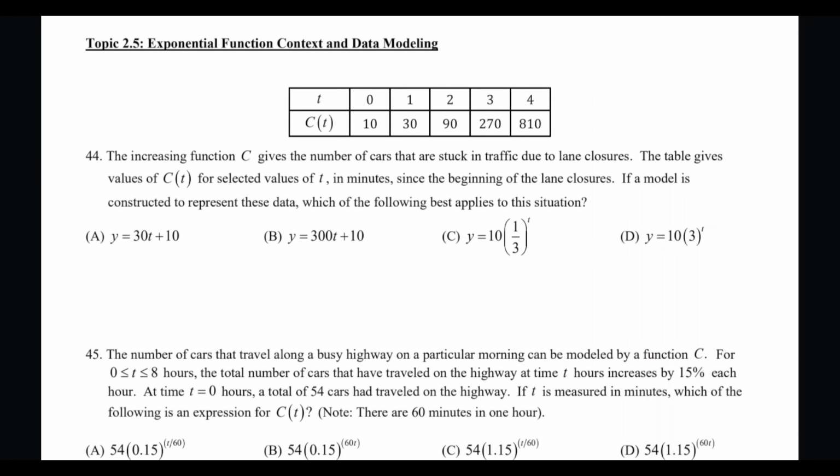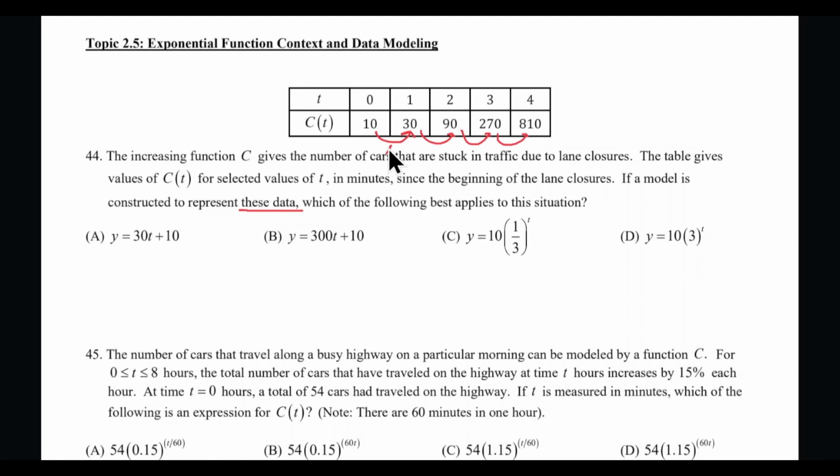Okay. Over here, the increasing function c gives the number of cars that are stuck in traffic due to the lane closures. They are saying that if the model can be constructed to represent this data, then which of the following best applies to this situation? The way I see it, this is exponential, and look at the common ratio, it's the same, right?